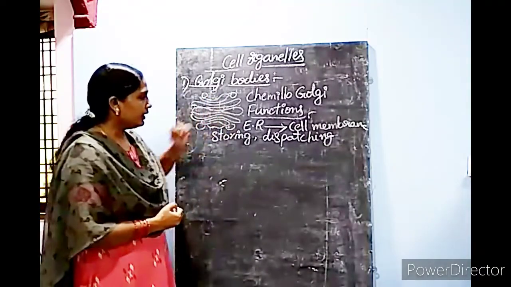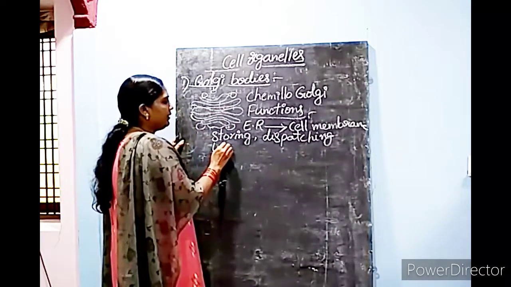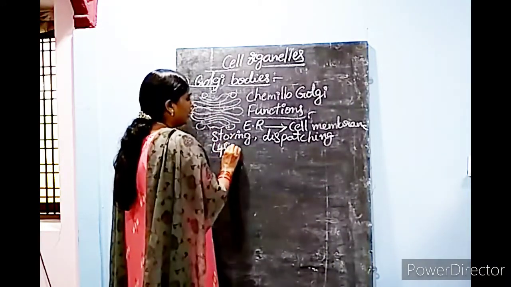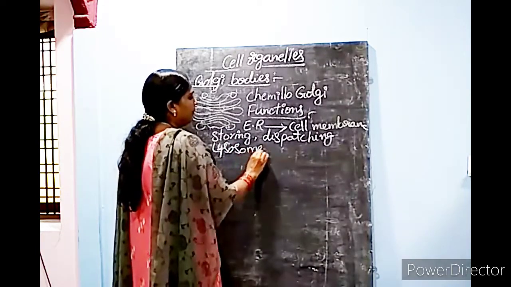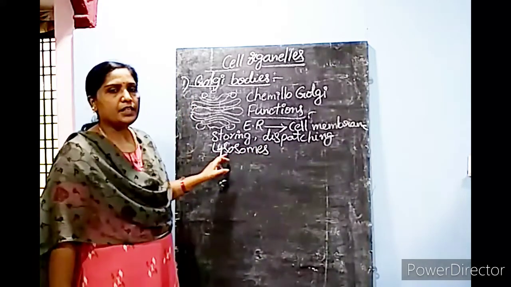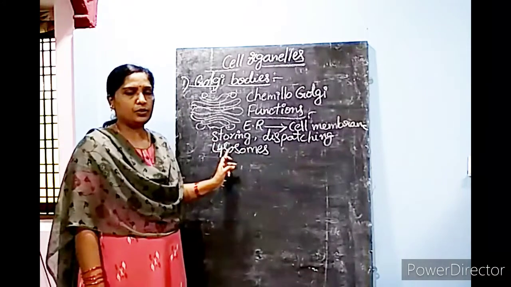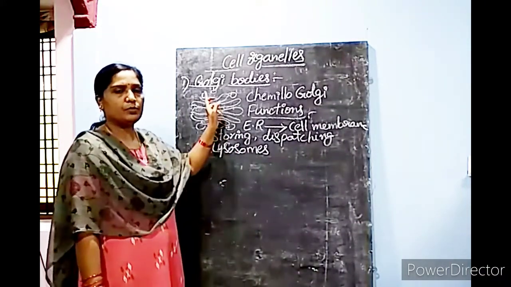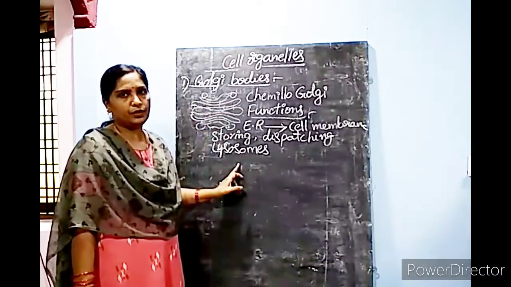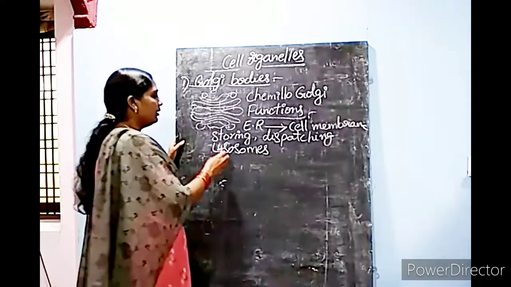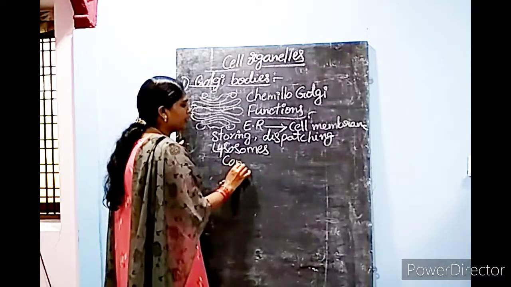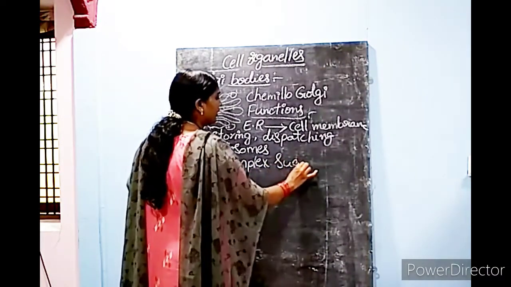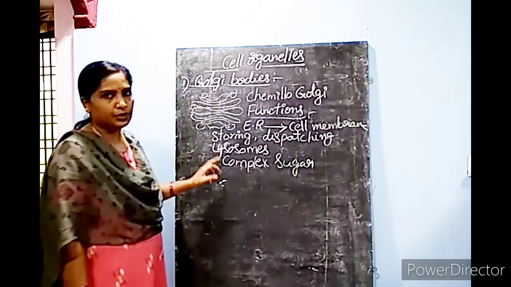Along with that, they are also helping for the formation of lysosomes. About lysosomes we are going to discuss now. So for the formation of lysosomes also Golgi bodies are useful, and they are also preparing complex sugars. Complex sugars are prepared from simple sugars.